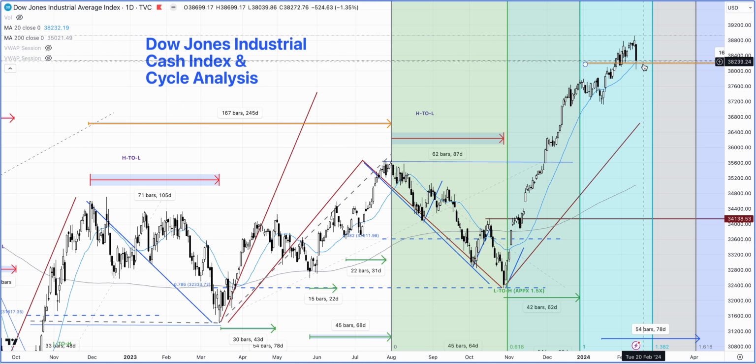So what is possible is that we could see price move higher, maybe even take these highs out, but most likely the chances are we will begin to form some sort of a trading range between now and the 27th of February, and we'll have to wait and see what transpires.